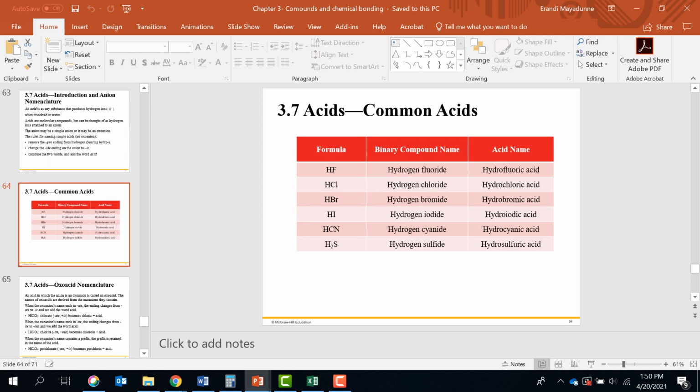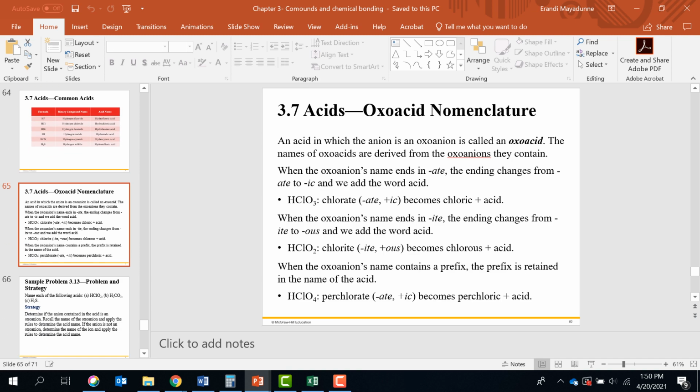So these are some common acids: hydrofluoric acid, hydrochloric acid, hydrobromic, hydroiodic. You see these acids have just two elements, right? Hydrogen sulfide, HF, HCl. So we write hydrofluoric. None of these acids have oxygen. If the acid has oxygen, it ends with ic.